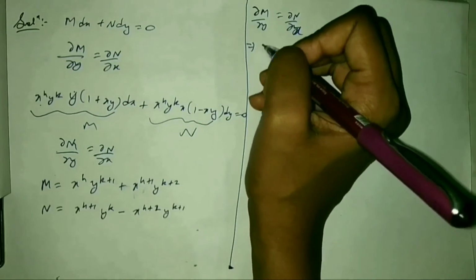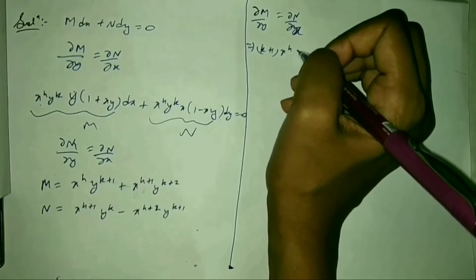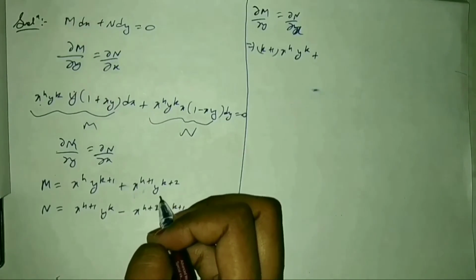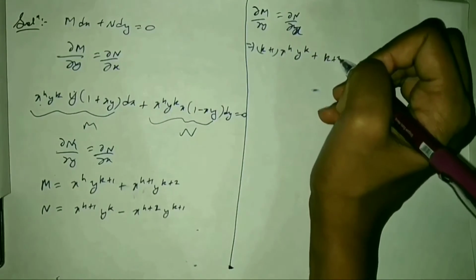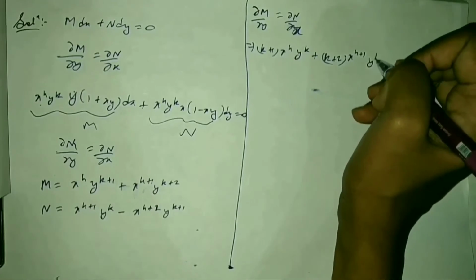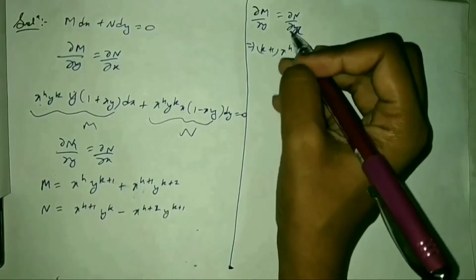Differentiating M with respect to y, we get (k+1) x^h y^k plus, again differentiating with respect to y, (k+2) x^(h+1) y^(k+1). This will be equal to del N by del x.